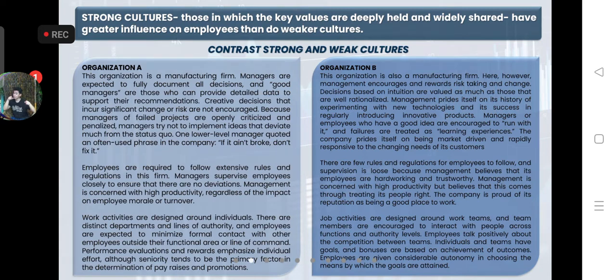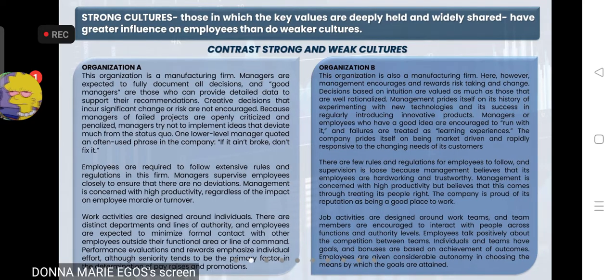So let's look at the contrasting organizational cultures, where organization A is the strong culture, while organization B is the weak culture.